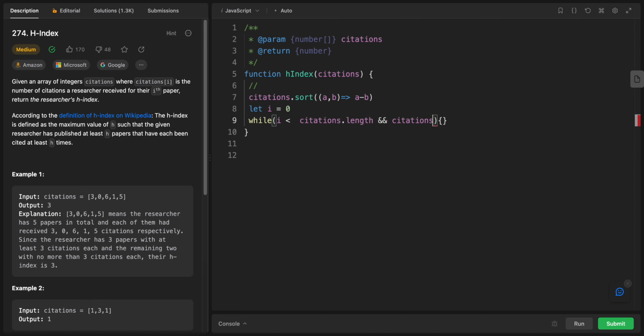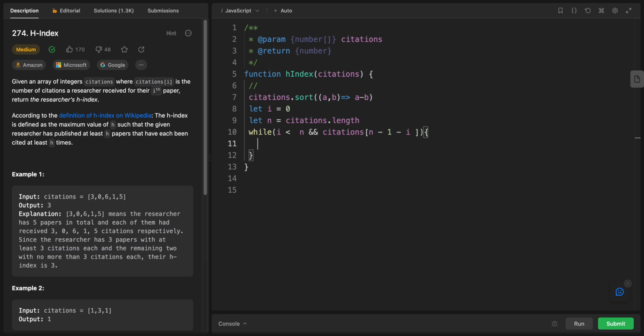You will understand why I do this: let n equal citations.length, and the position n minus 1 minus i.